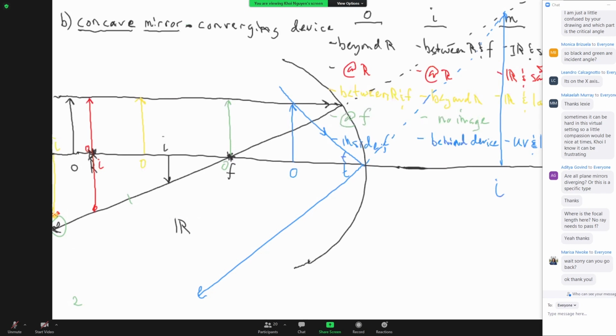It's all listed out there. And M is the magnification to tell you the type of orientation for your image, whether it's inverted real or upright and virtual. And once again, for mirrors, anything behind the device is considered virtual. Anything in front of the device is considered real. Any questions on that?